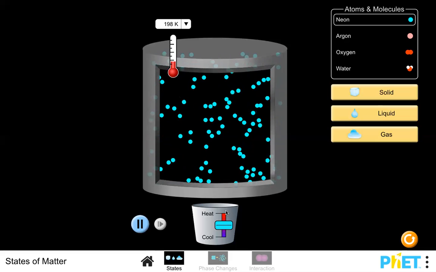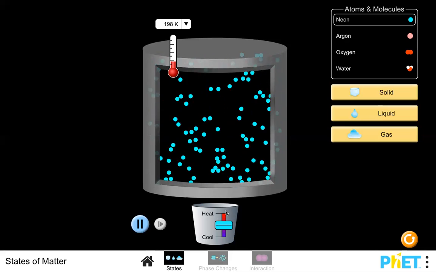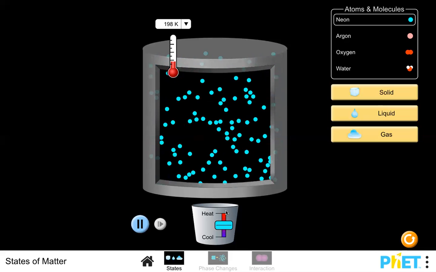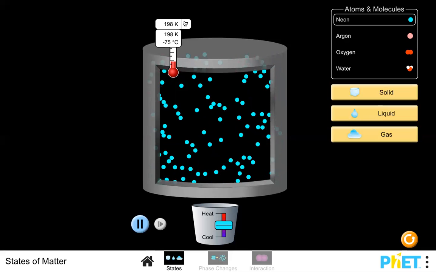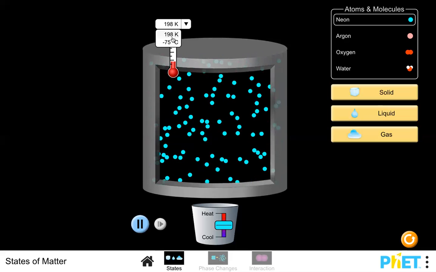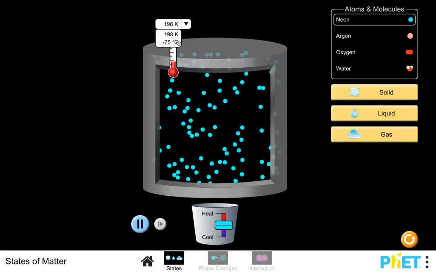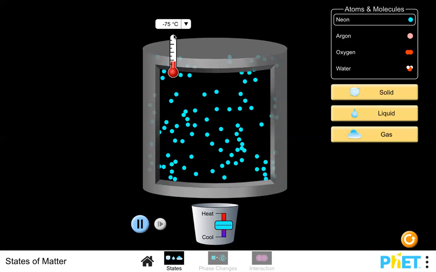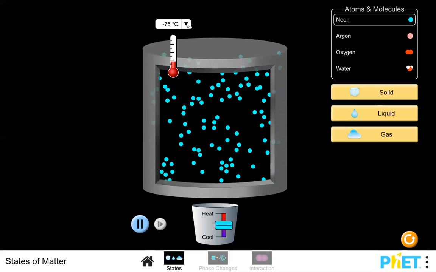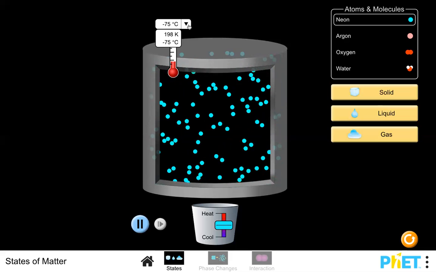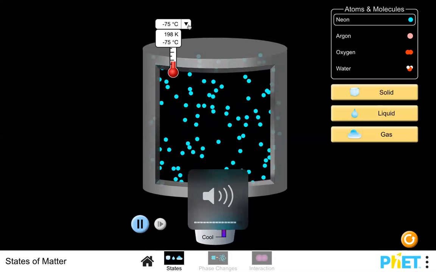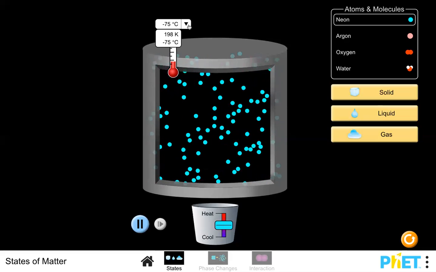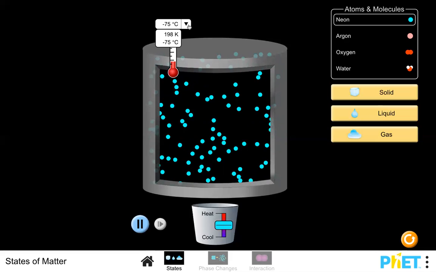I hope that you know the relationship between Celsius, Fahrenheit, and Kelvin. 198 Kelvin is equivalent to minus 75 degrees Celsius. So what is Celsius 0? What is the Kelvin value of Celsius 0?